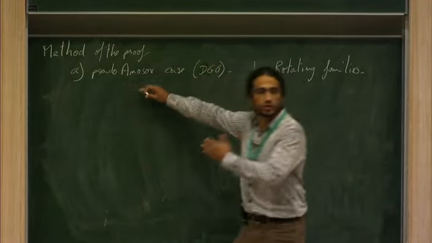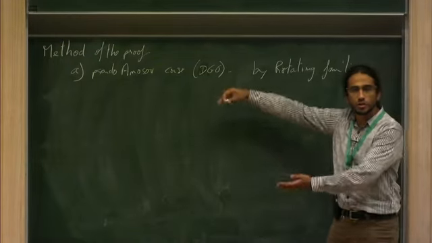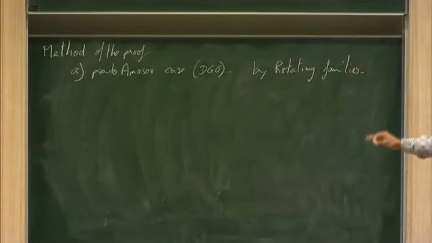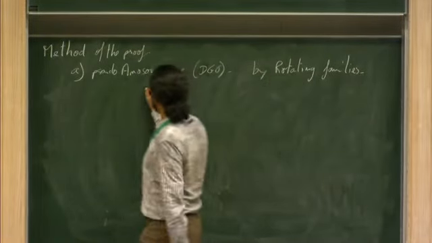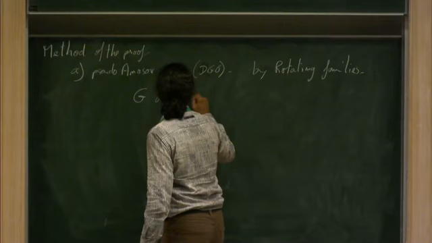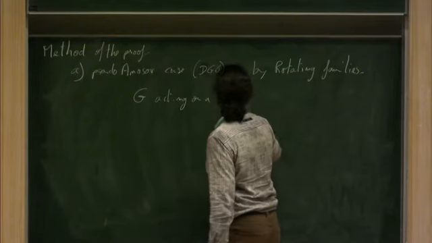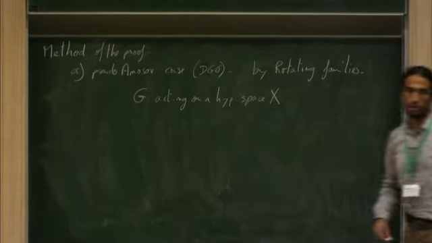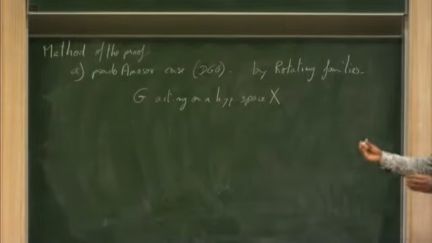I will forget a little bit that I'm talking about the mapping class group. I will just draw a more abstract setup. Notations are changing a little bit, but you have a group G acting on a hyperbolic space X by isometries. X is maybe geodesic.